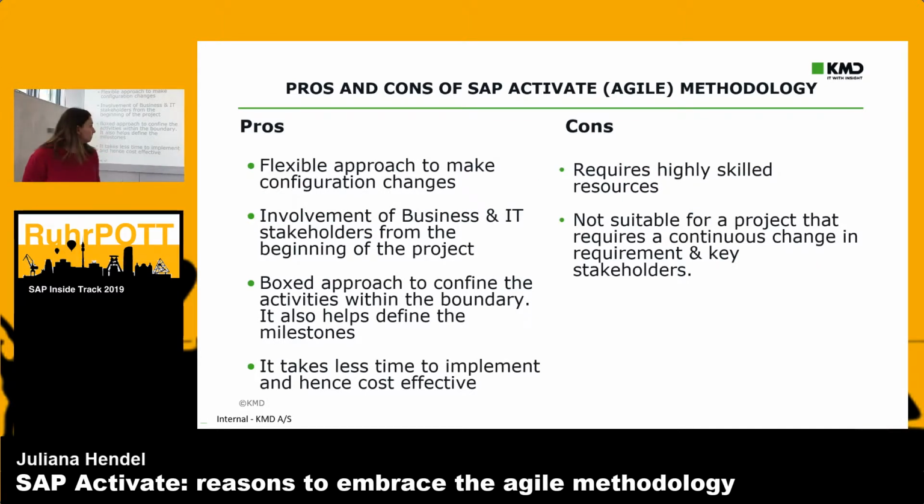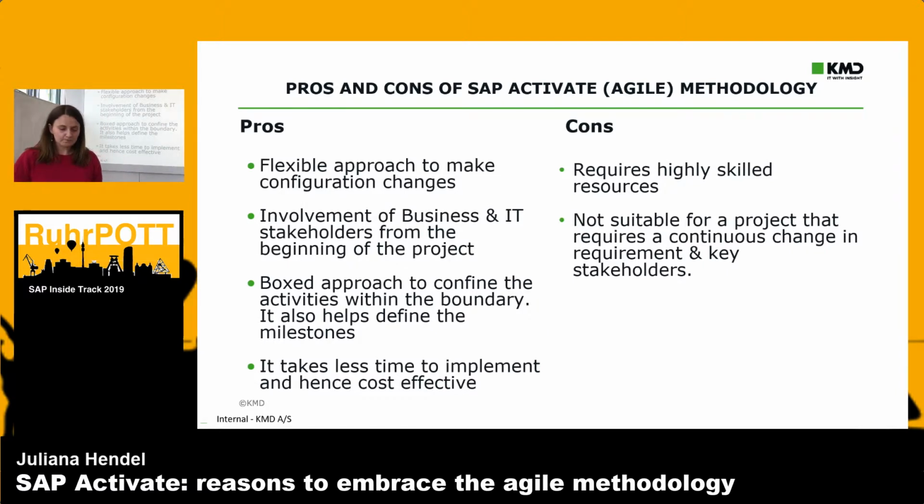Now, with Agile Activate, we have the best of both worlds. So we have a very flexible approach to make configuration changes. We have involvement of business and IT stakeholders from the very beginning of the project to the very end, which provides constant feedback to the teams that develop your solution, and they can adjust if expectations don't meet the needs of the customer.